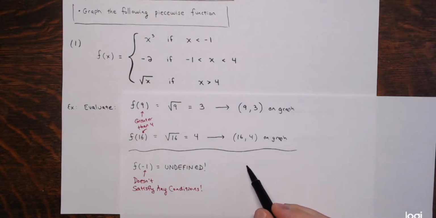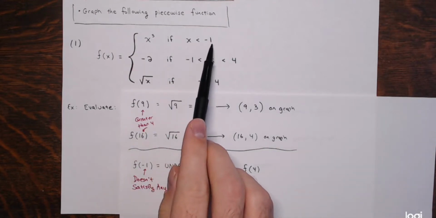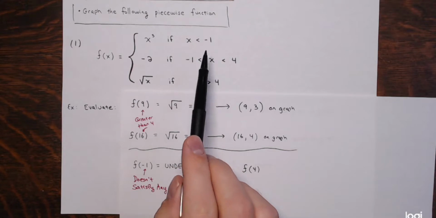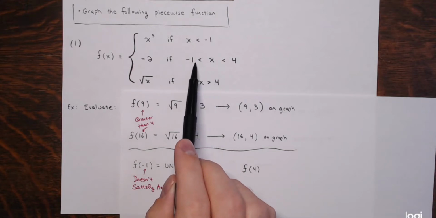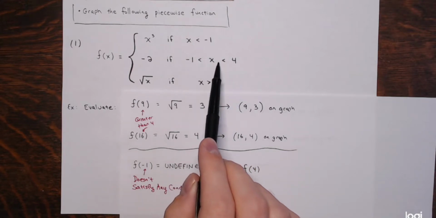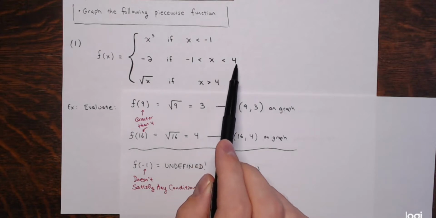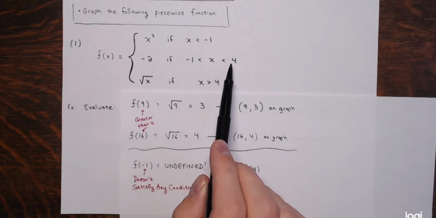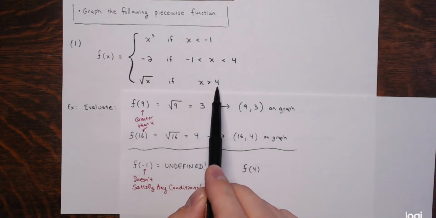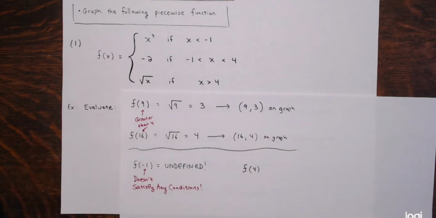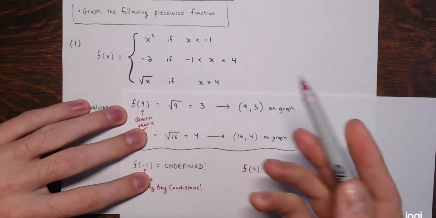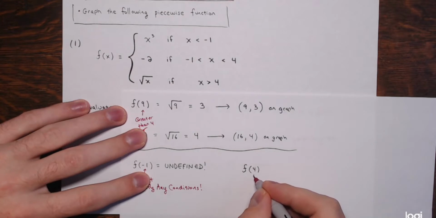Same thing goes for f of 4. Is 4 less than negative 1? No. Is 4 between negative 1 and 4? Well, no. 4 is equal to 4, not less than 4. And is 4 greater than 4? No, it's equal to 4. Now, if I had greater than or equal to there, it would be satisfying that third piece.